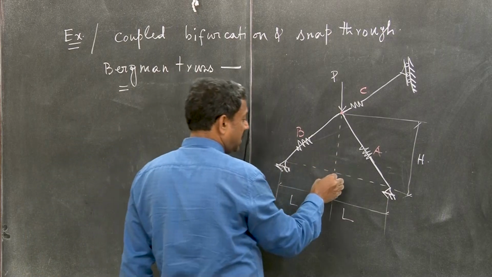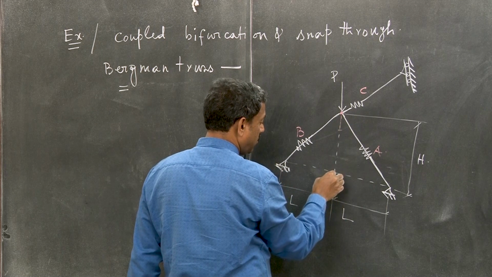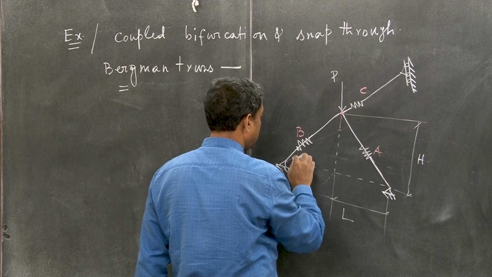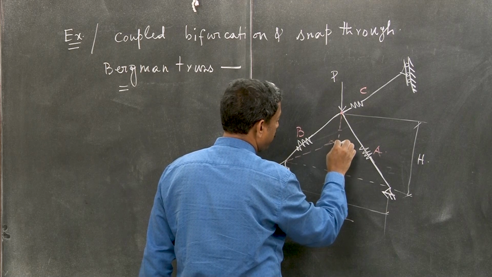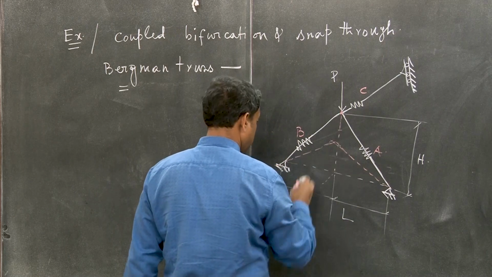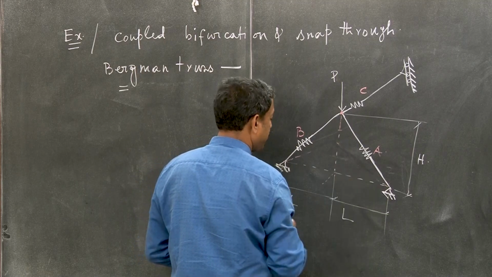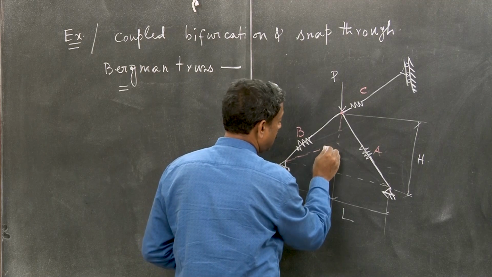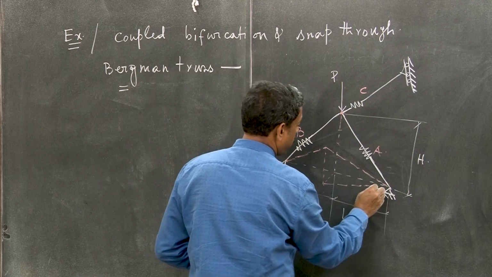So when it is moving horizontally, it will come to this position, and I am just drawing it something like this.